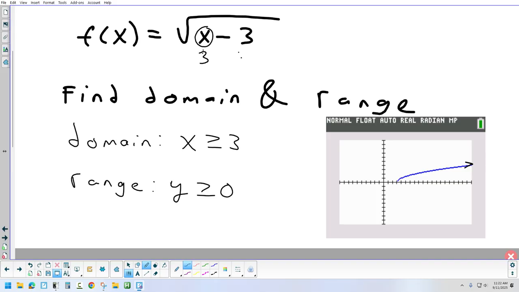What's 3 minus 3? And what's the square root of 0? 0. So if I was making a table of points, if you plug in 3, you get 0. So I know it hits 0. Sometimes it might not look like it hits 0. It might look like there's a little bit of a gap there. The calculator can't always draw things perfect.